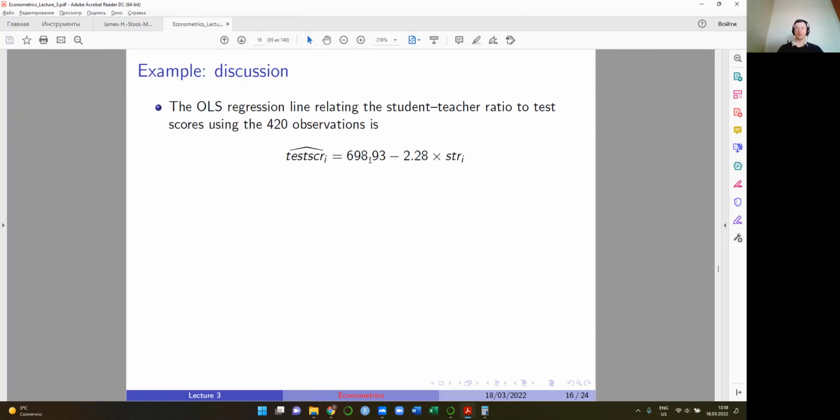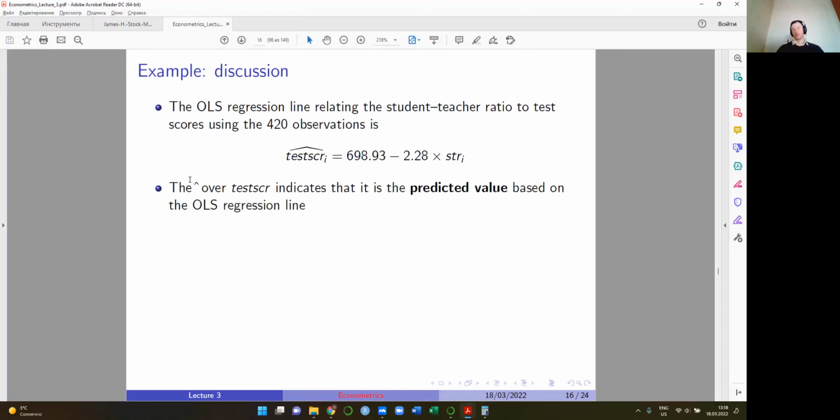That was one question, something related to causal inference. And another question was, if you want to understand how well your kid is going to perform once you send him to school in a particular district, you can take the number of students to teacher ratio, plug it here, and predict some average test score for your kid.